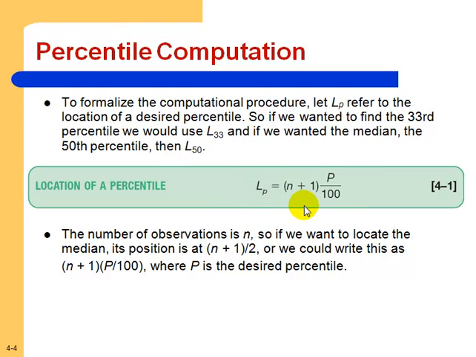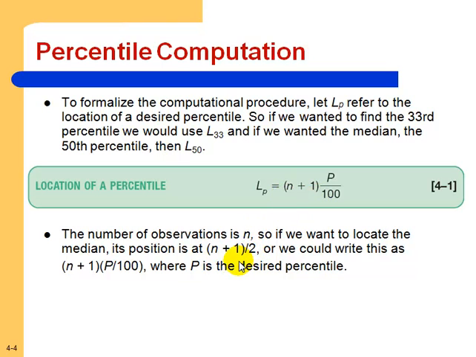The formula we just introduced in the last slide. Here n is the number of observations, and if we wanted to locate the median, its position is at n plus 1 divided by 2.